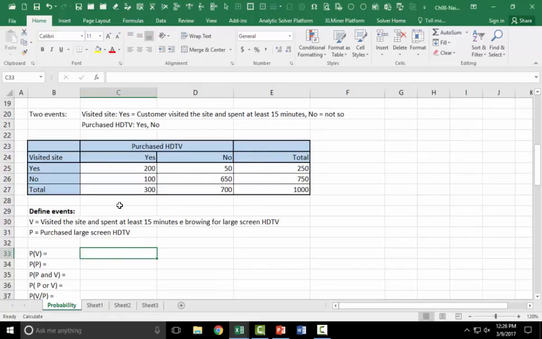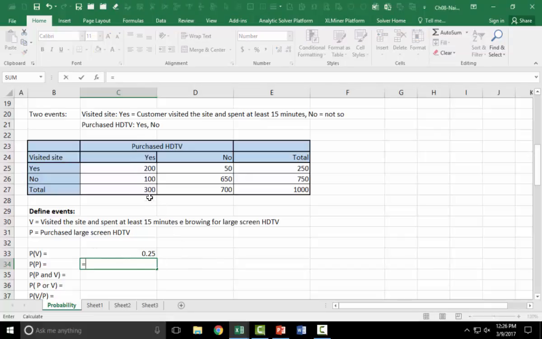These are called marginal probabilities because the probabilities come from the margin. So this will be like that divided by that. Now the probability of P, whether purchased TV or not, that's also a marginal probability. So that will come from that divided by that.